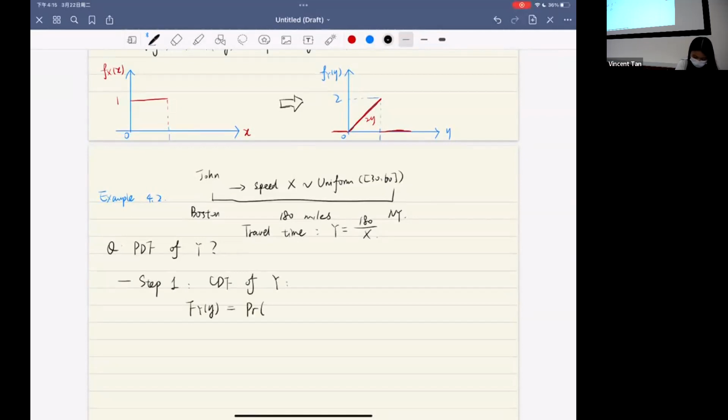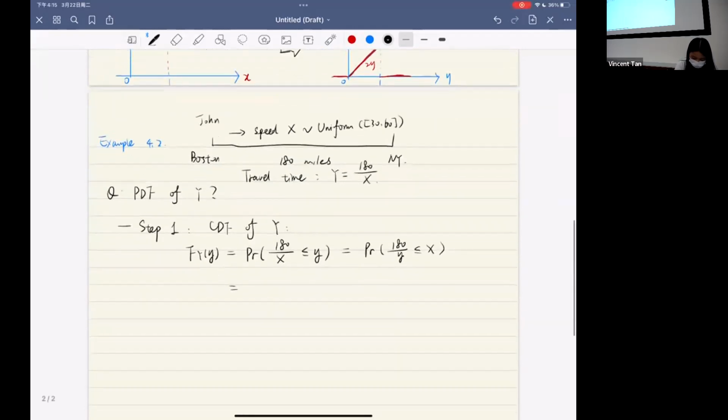This one is equal to the probability of 180 over x smaller than y. Since x and y are both positive, we can move them. Then this probability is just equal to the integration over x greater than 180 over y of the PDF of x.